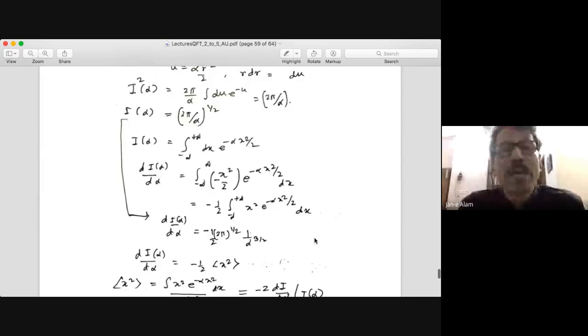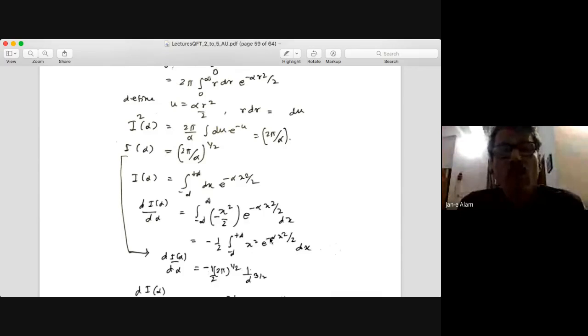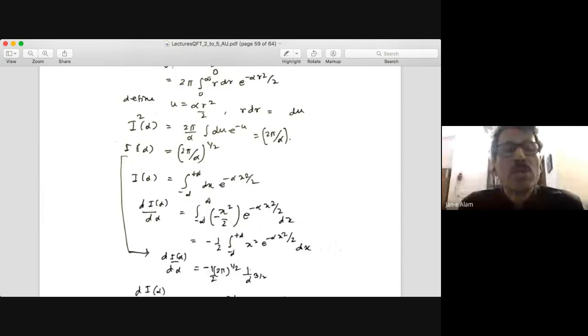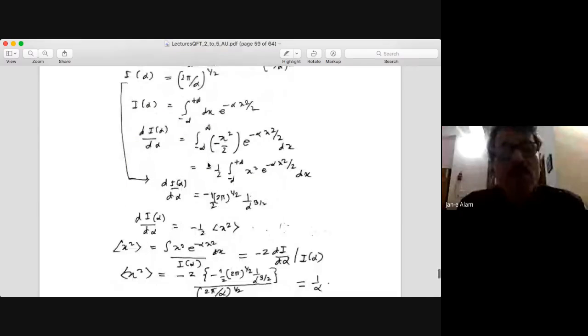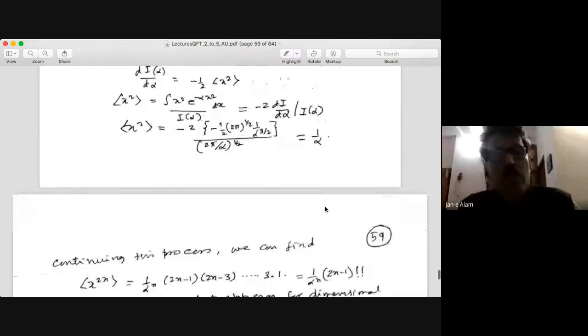And you can take another derivative with respect to alpha. What will come? It will come x4. So you'll be able to calculate the average value of x4 without doing the whole integration, because you take the derivative twice, right? So that way you can go on doing this. So the x square value you can calculate and get 1 by alpha. I hope this is understandable.